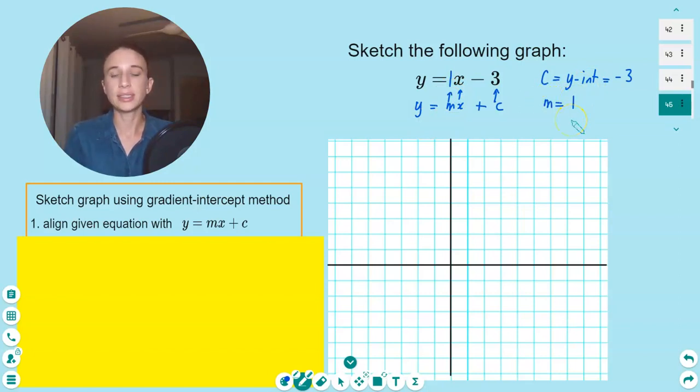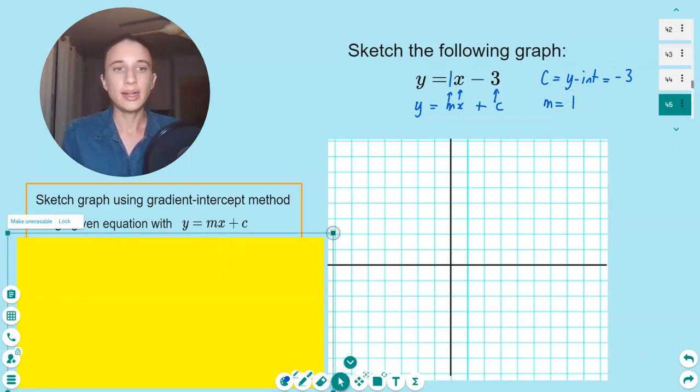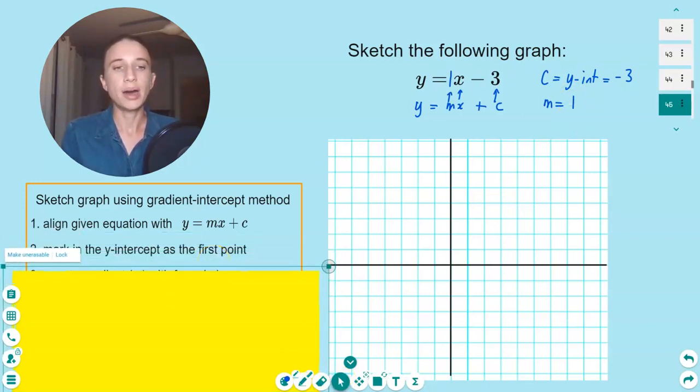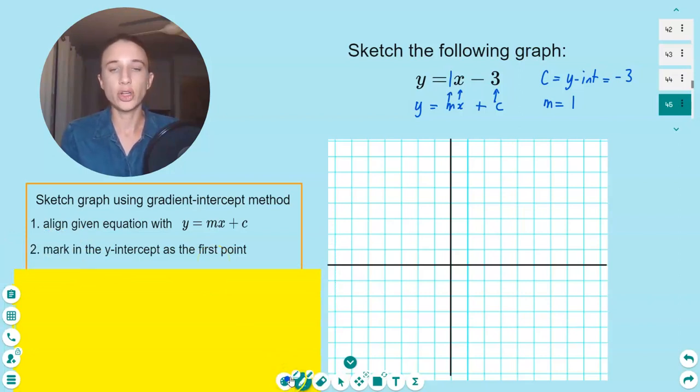The gradient is 1. Now, we align the equation, and we mark in the y-intercept as the first point. Remember, this is our y-axis, this is our x-axis. The y-intercept is negative 3, so where it cuts the y-axis, this is the origin, 0, negative 1, negative 2, negative 3.